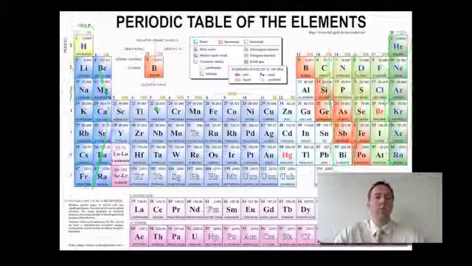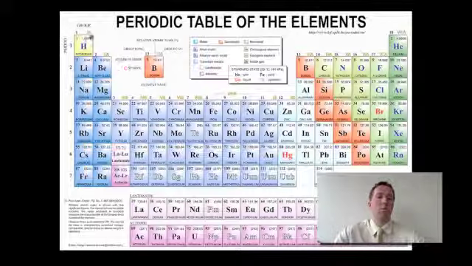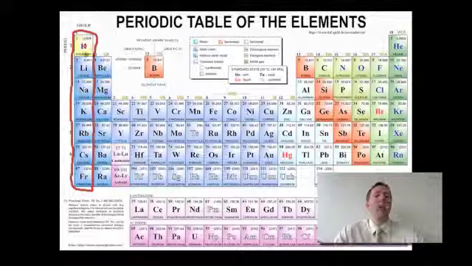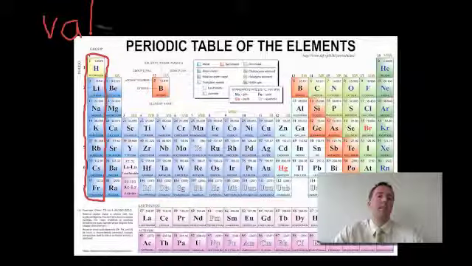Now, interestingly, when we look at the groups, we'll just look at group 1 right here. Every single element in group 1 has got 1 electron in its most outer shell. And the electrons in an outer shell of an atom are actually called the valence electrons of the atom.